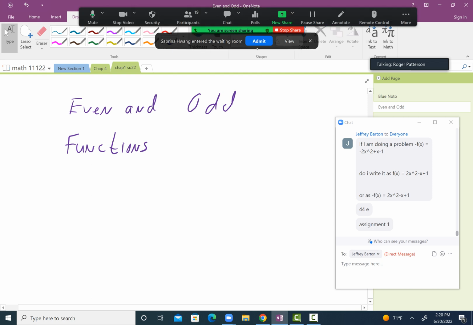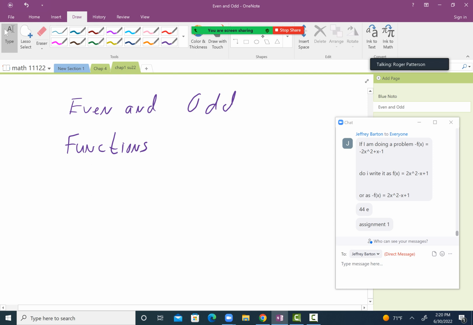An even function, okay, there is a definition for that. It says that if a function is considered to be even, then f of negative x is the same as f of x.